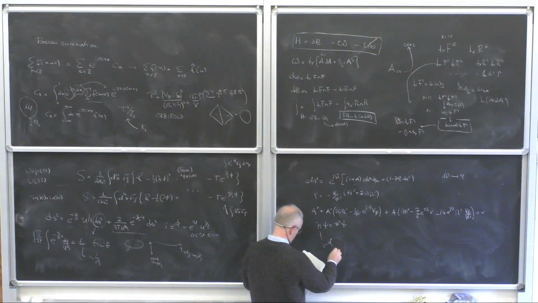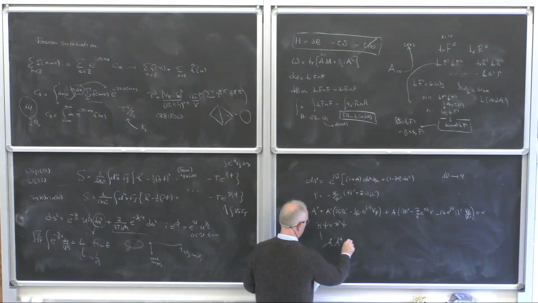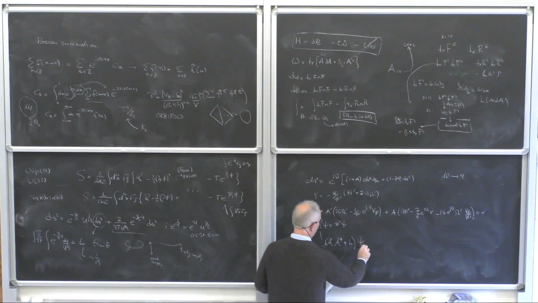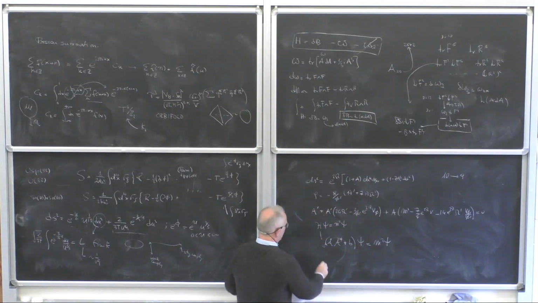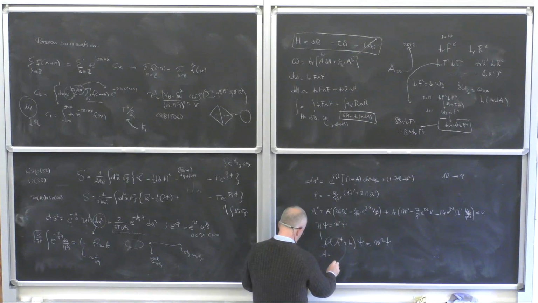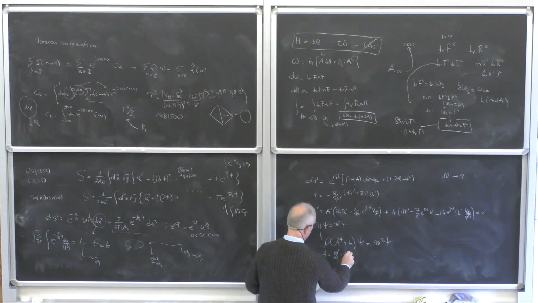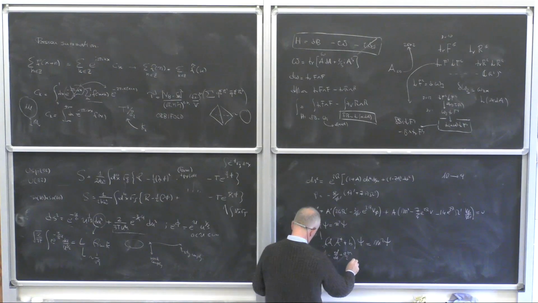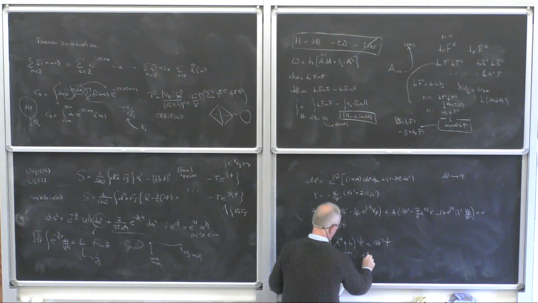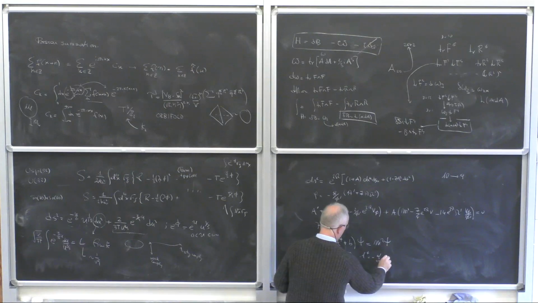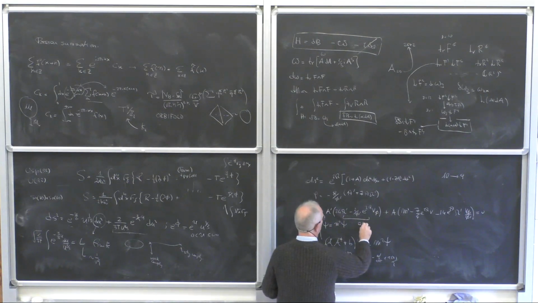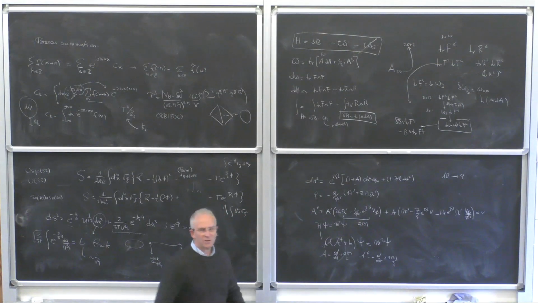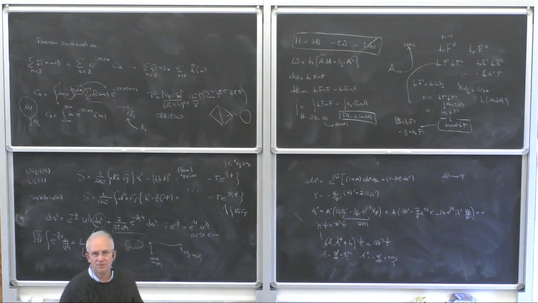Script A. So if I define A of Z to be this quantity, the differential equation is of that form.